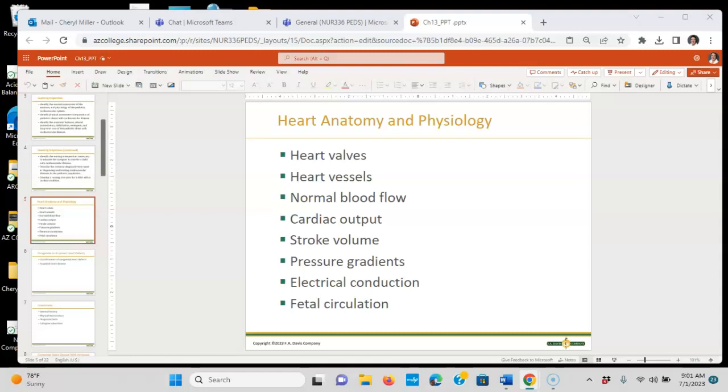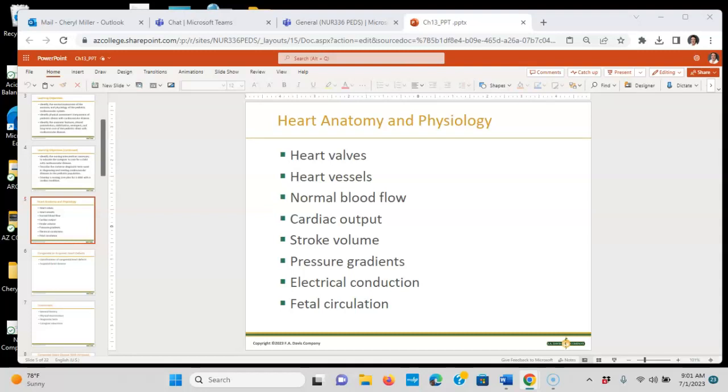So in fetal circulation before birth, 90% of the blood bypasses the lungs. The placenta is the organ of respiration. Oxygenated blood is returned via the umbilical vein to the right atrium in the inferior vena cava.